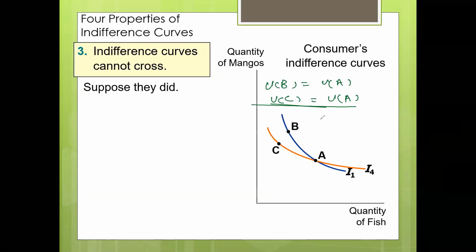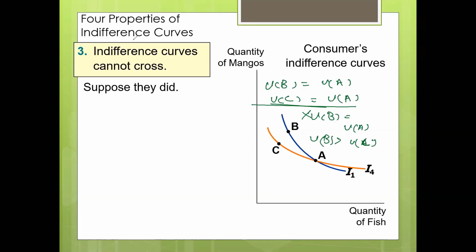So this means that utility from B should be equal to utility from C, but it is not true. Why? Because utility from B is greater than utility from C. Why? Because B is on the above line.